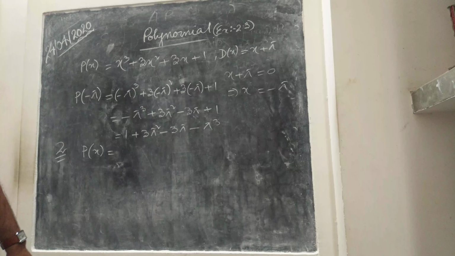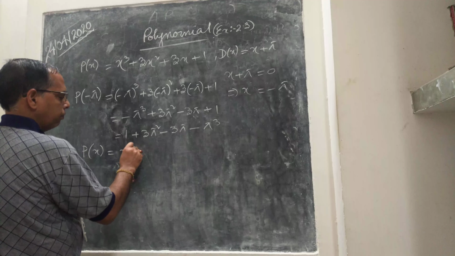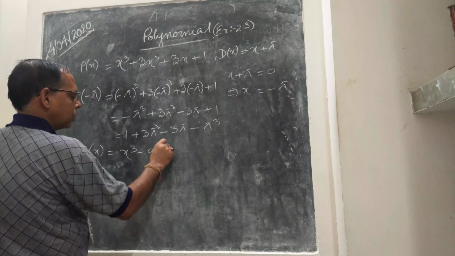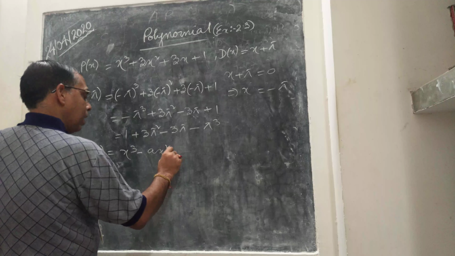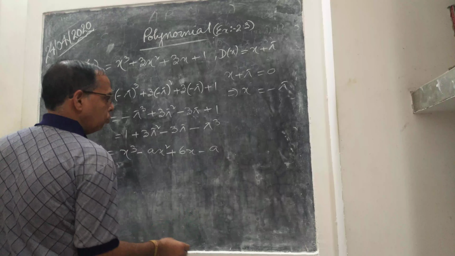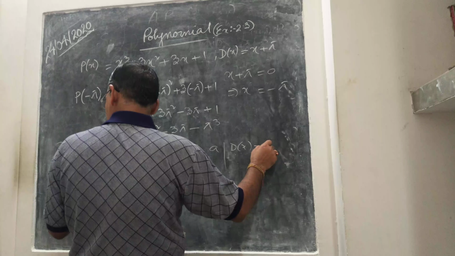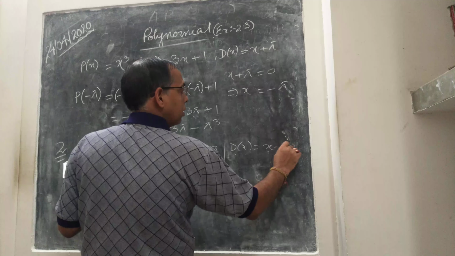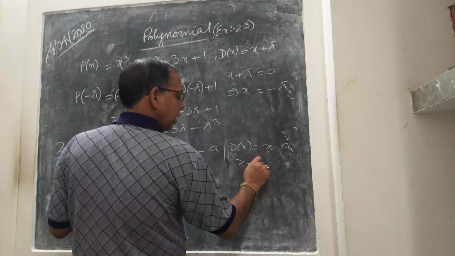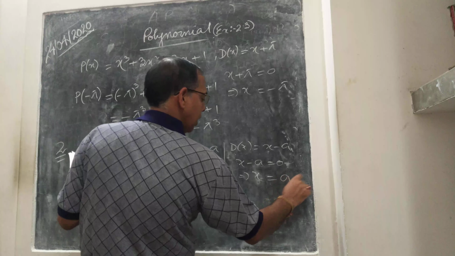So p(x) equal to x³ minus ax² plus 6x minus a. Then once again you see d(x) equal to how much is given? It is given x minus a. So x minus a equal to 0 implies x equal to a.